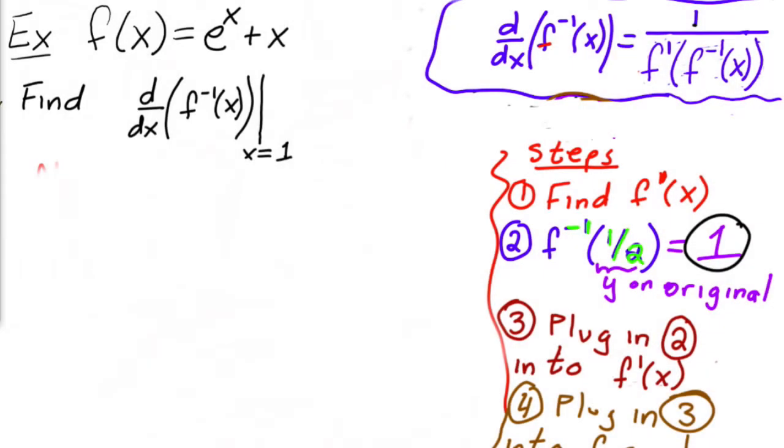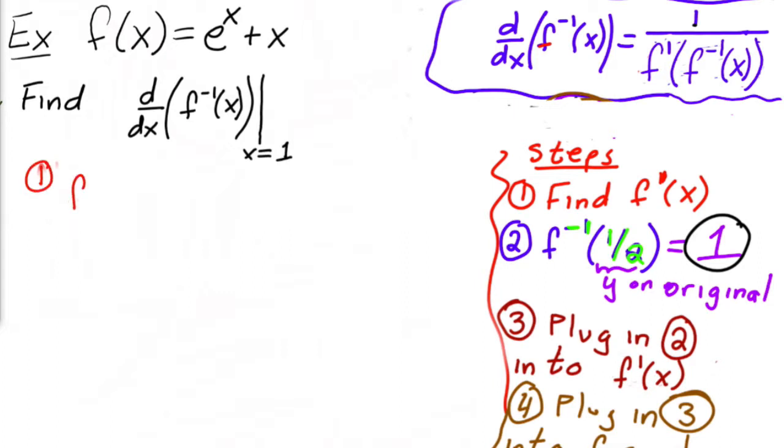Okay, so here we have another example, and this is an example where you can't actually find the inverse function of this because there's no way to solve for x. So we want to find the derivative of the inverse of this function evaluated at 1. So the only way to do this is to use this special formula. So let's follow our steps.